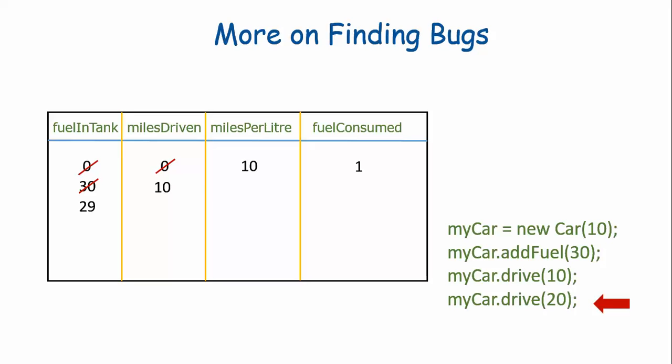This time again it updates miles driven to 30 miles, and we calculate the fuel consumption once again based on the new distance that it has traveled. Now the fuel consumption becomes 2, and then we again update our fuel in tank and it becomes 27. So what is the problem in this particular case?